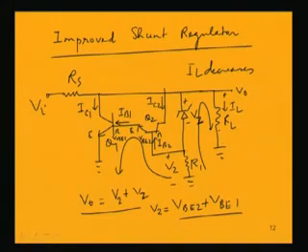The voltage which is maintained constant is V0. Finally we get that V0 is not changing even though the supply voltage changes.